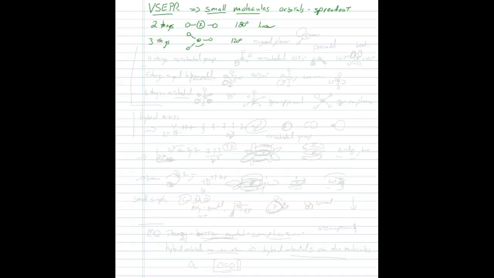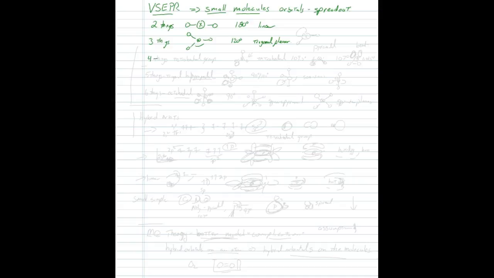So the bond angle is 120 degrees, and the name of this one is trigonal planar. Trigonal planar would be beryllium or boron as a central atom, with a combination of two single bonds and a double bond.